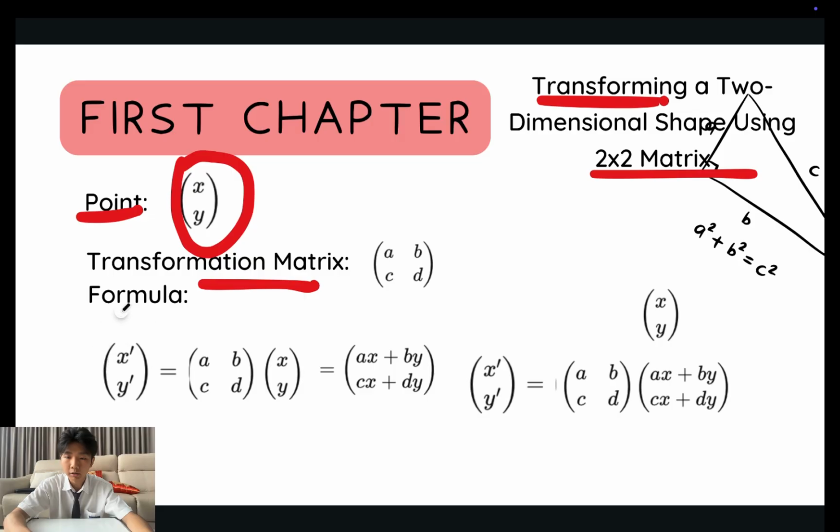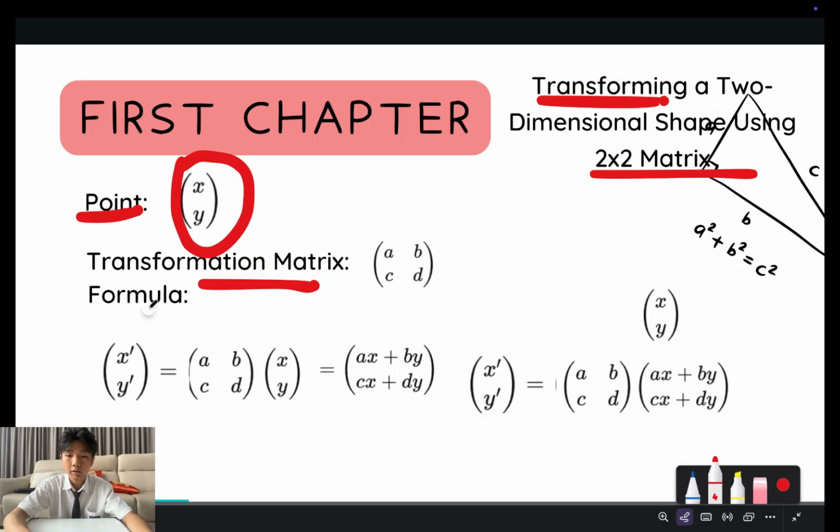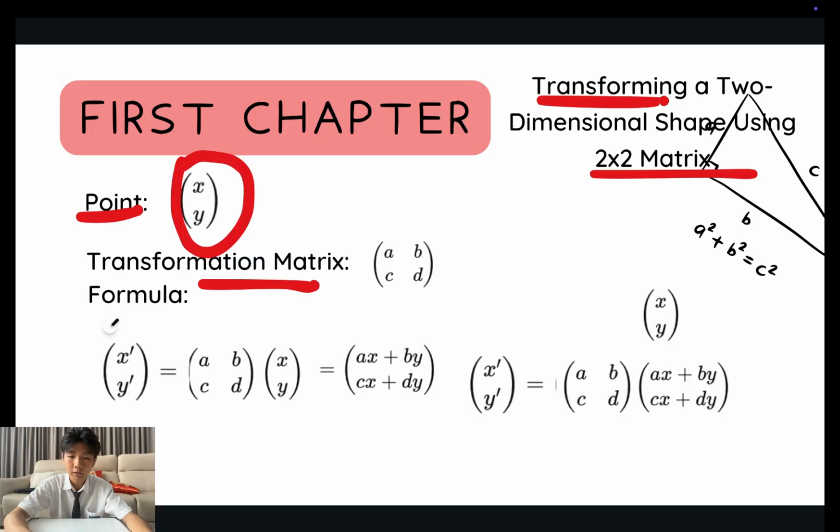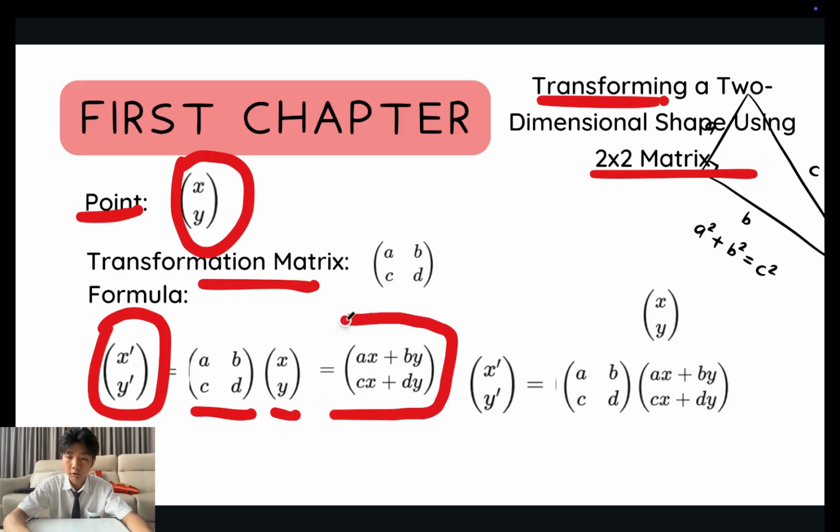The transformation matrix is A, B, C, D, and the formula we'll be using is x', y' equal to the transformation matrix multiplied by the point, resulting in A times x plus B times y, and C times x plus D times y.